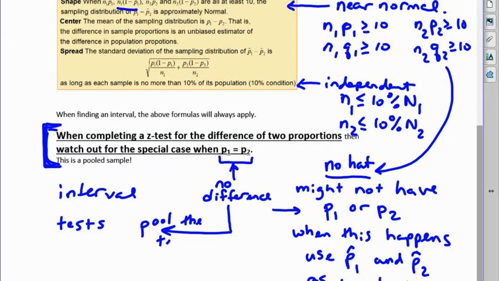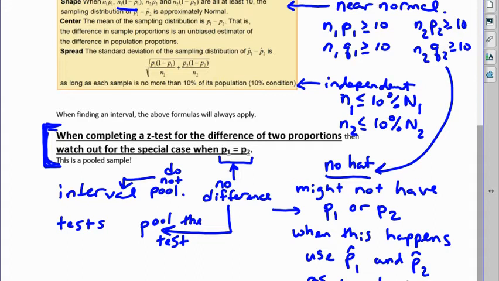Your calculator can do that automatically when it does a test. But for the interval, do not pool the interval. Okay, so we're going to do those two cases.